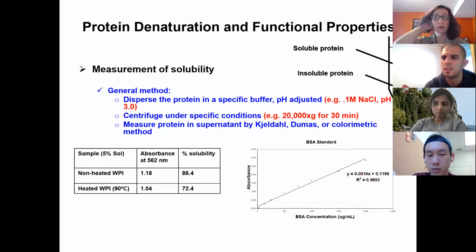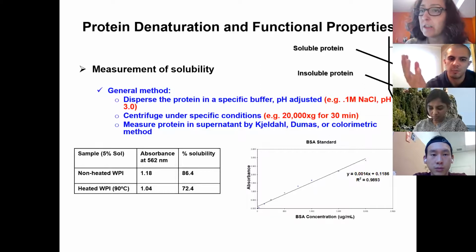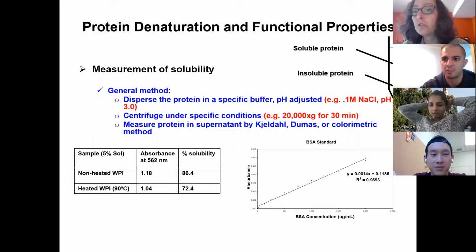So you mean you run your solution through a filter, but you need to know what type of filter. What are you trying to filter? I assume that aggregates. Yes, then I'm retaining all the aggregates. Not just dry it, you take the permeate, you mean? Yes, sorry, whatever passed through the filter.